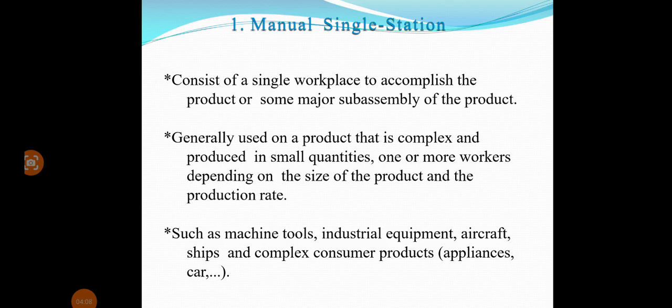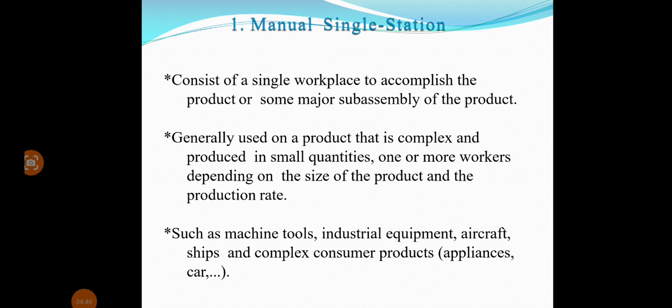The small quantity relates to the size of the product and its production rate, and it provides the exact new entity by using a number of elements. That is the concept related to the manual single station.